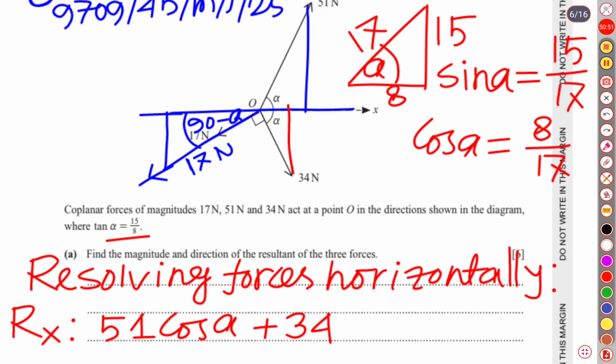Then in the negative direction there is another triangle, the third one, negative 17 cos of 90 degrees minus alpha, because look at this, the total is 180. If this is 90, the remaining angle will be 90 minus alpha.